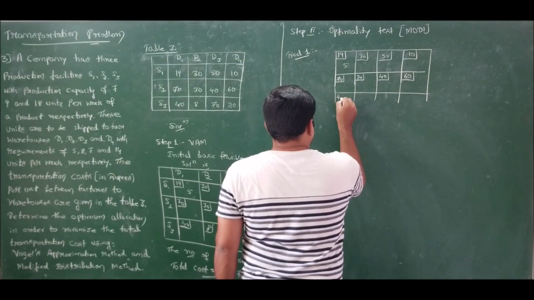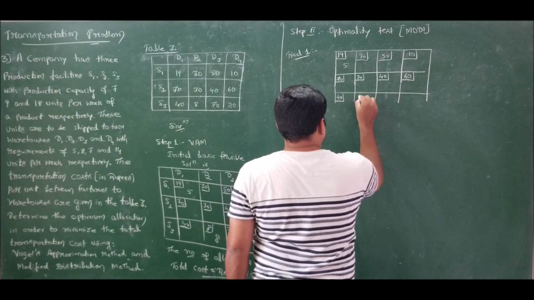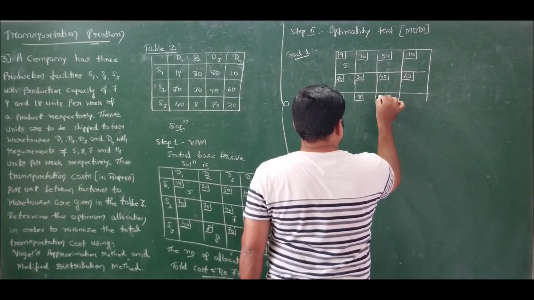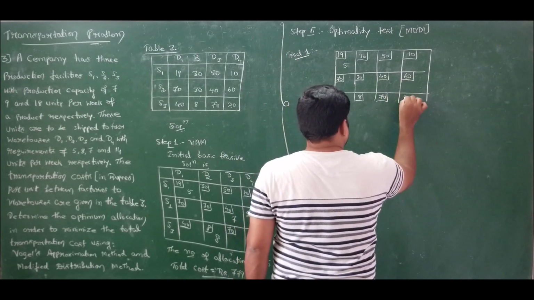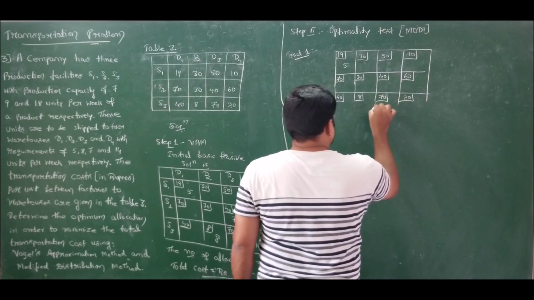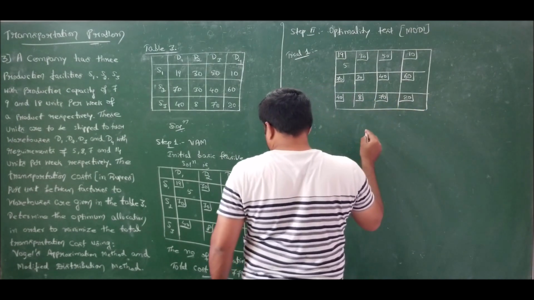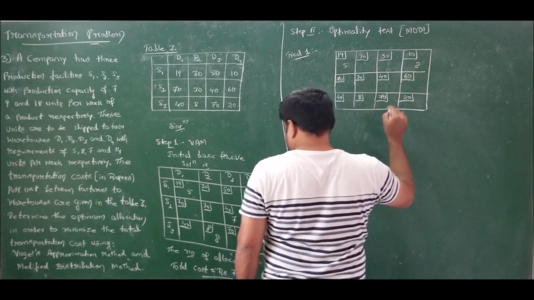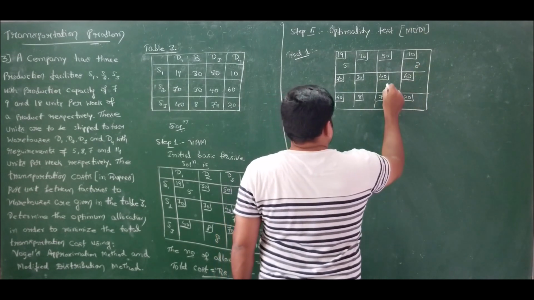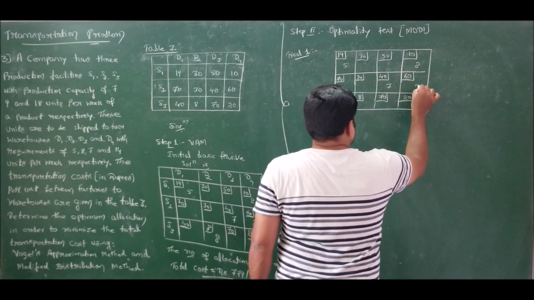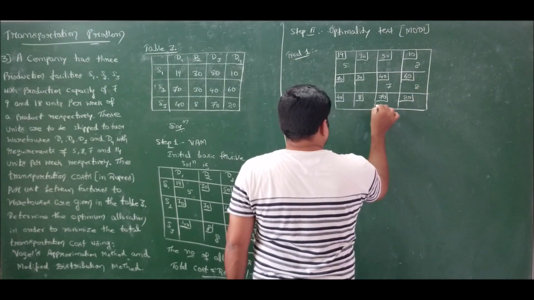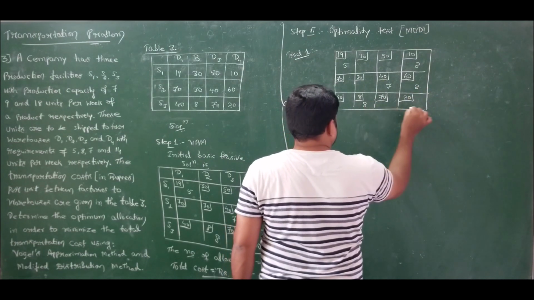Next we have 40, 8, 70 and 20. Coming to allocations, we have 5, 2, 7, 2, 8 and 10.